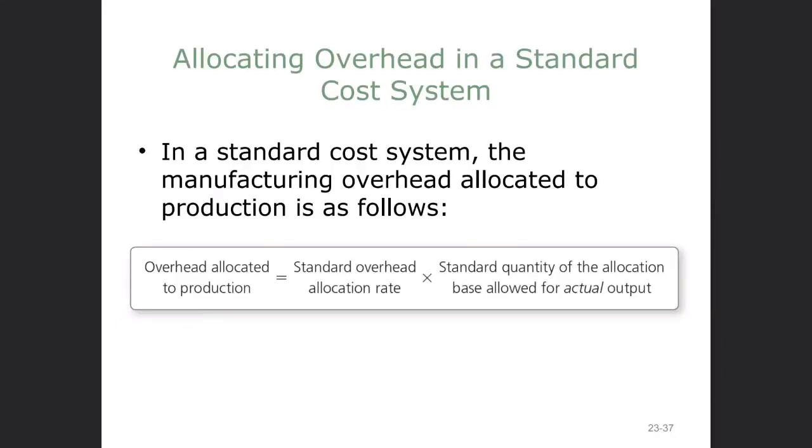To determine your overhead allocated to production, you would take your standard overhead allocation rate times your standard quantity of the allocation base allowed for the actual output.